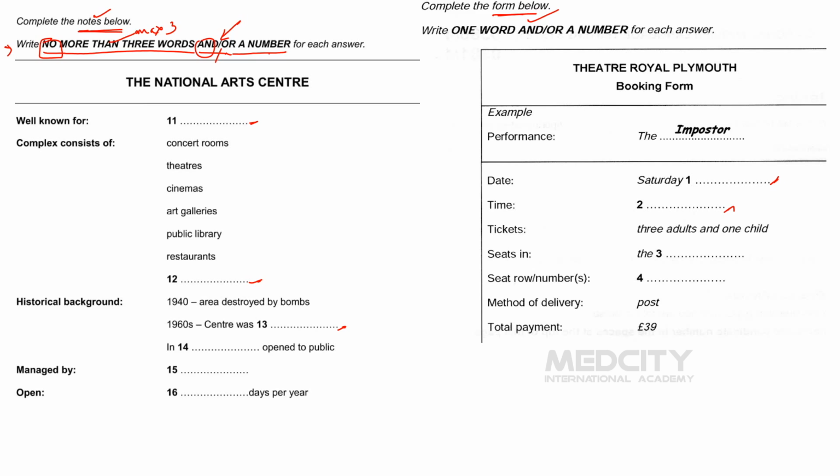So what are the different possible combinations that you can have in these answers? 3 words and a number. So you can have 3 words plus a number, or 2 words plus 1 number, or 1 word and a number is also fine.